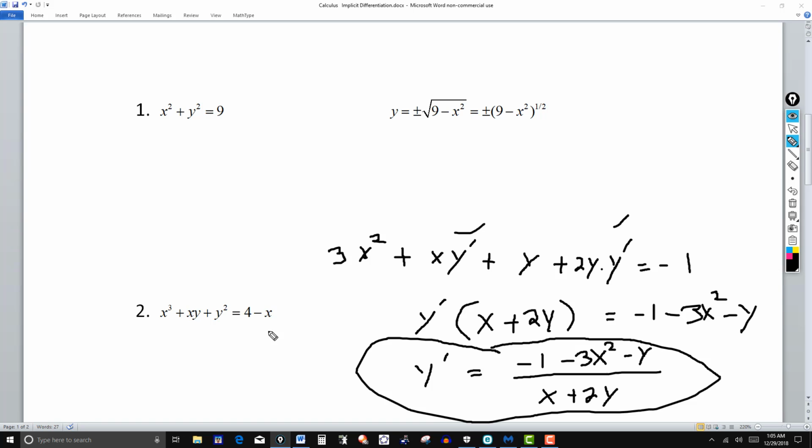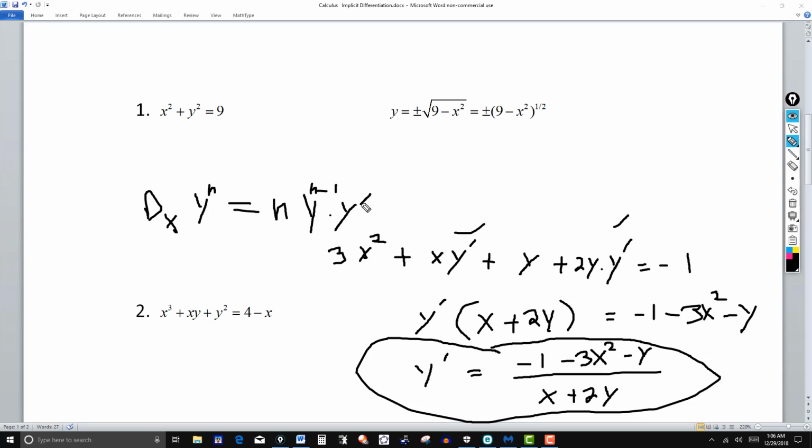So if it's y to some power n, you take the derivative of that, and that's going to give you n out here, and then y to the n minus 1. Don't forget to multiply that by either dy over dx, or I'm using the short form y prime, instead of dy over dx.